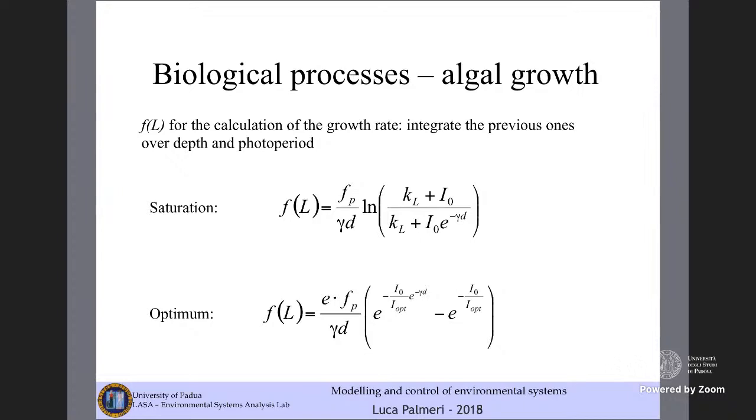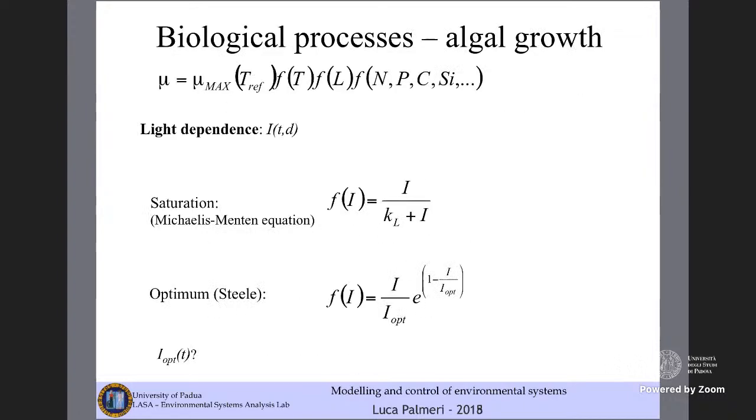And for this reason, when we write this kind of limiting function, E is the intensity of radiation at a certain given time t and at a given depth.